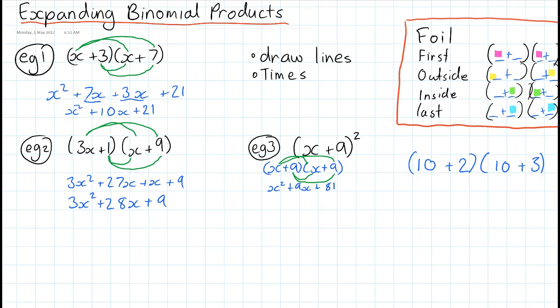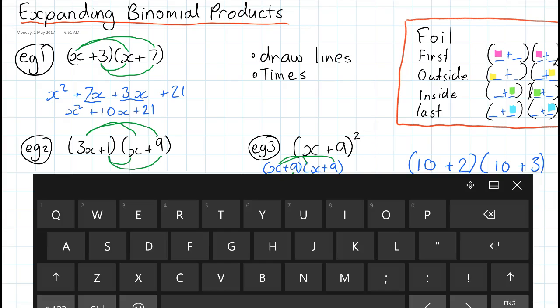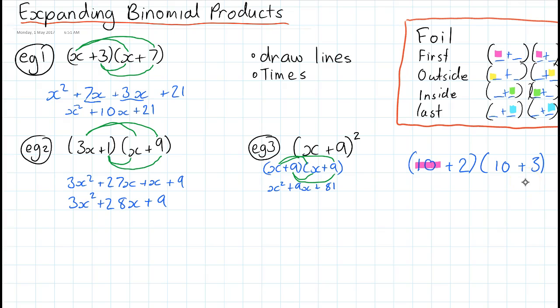You might have done this sort of thing before and just not thought about it. So 10 times 10 is my first part. I'll use this to explain the FOIL thing. The acronym FOIL says first times first, so it's that first line, 10 times 10. And that gives me 100.